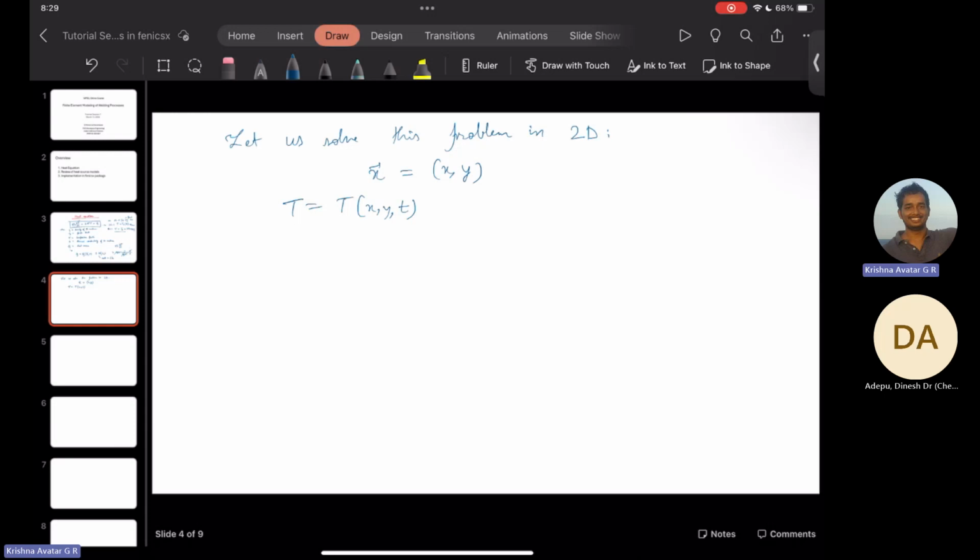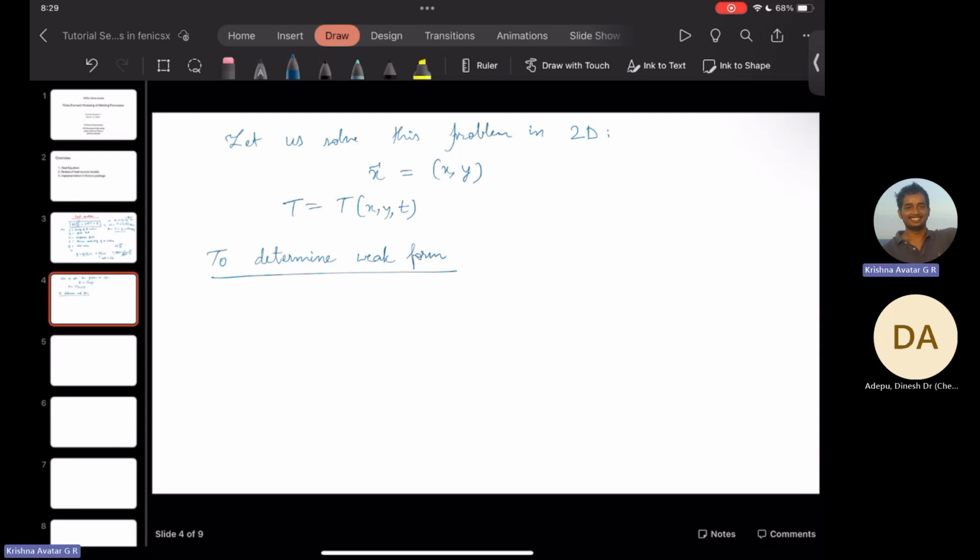So as per what we had learned from the basics of FEM, our goal is to determine the weak form. So that's how we work here.